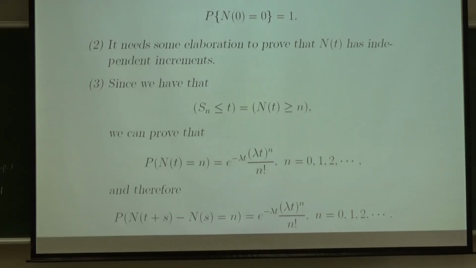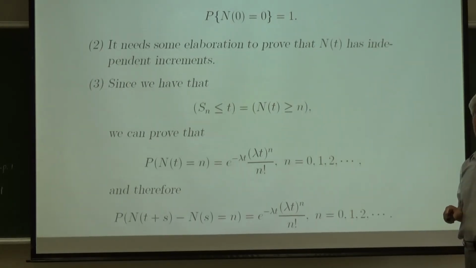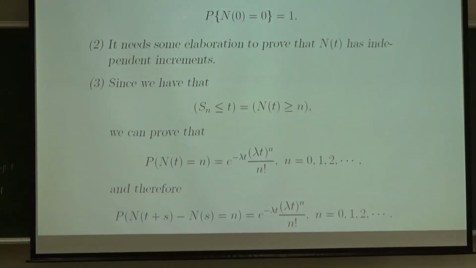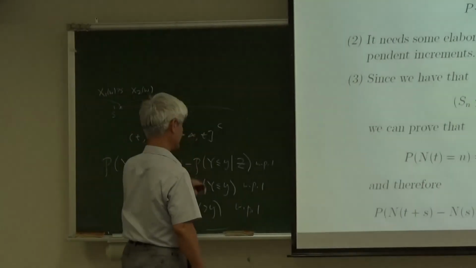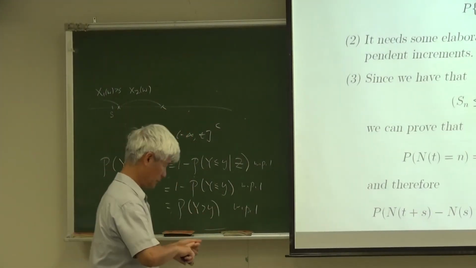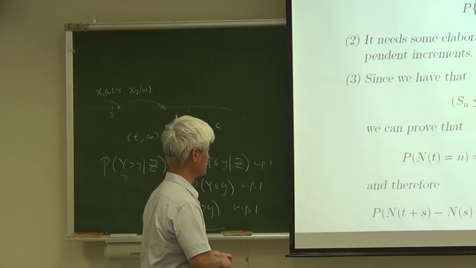Because we know S_n has a gamma distribution with parameters n and lambda, I'll just give you an idea, and you are asked to fill in the details.